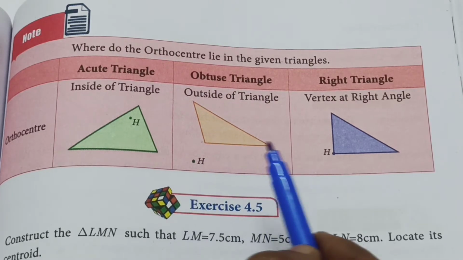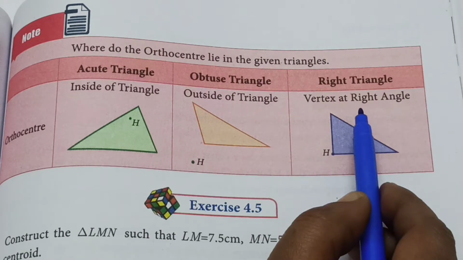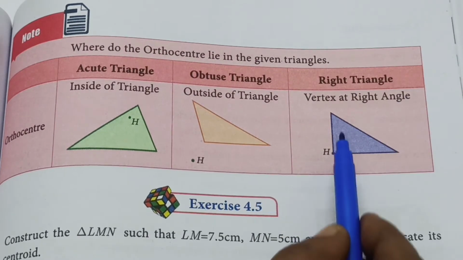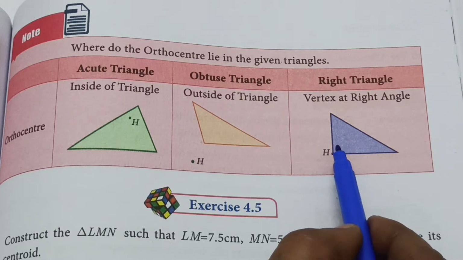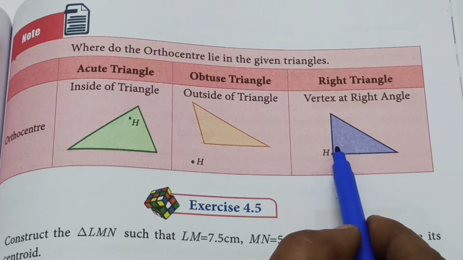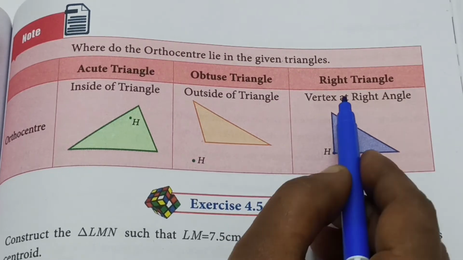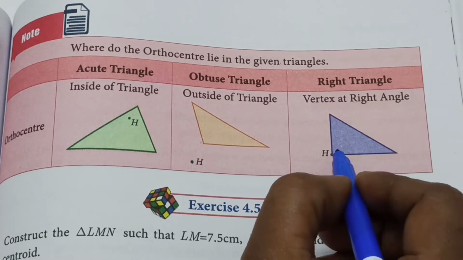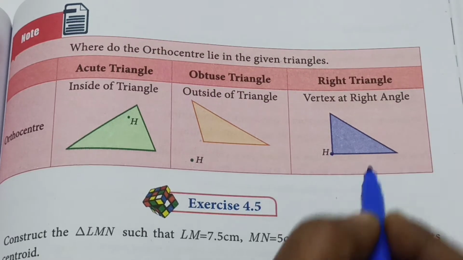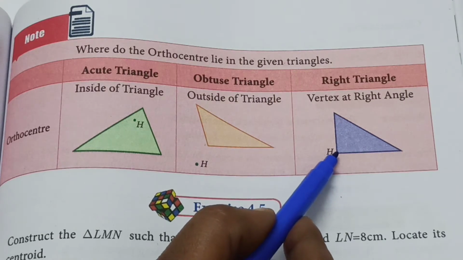Then right triangle. In a right triangle, the orthocenter will come at the vertex at the right angle. This is the right angle triangle. A right angle triangle means one angle must be 90 degrees, isn't it? This angle is 90 degrees. So where will the orthocenter come? At the vertex at the right angle.